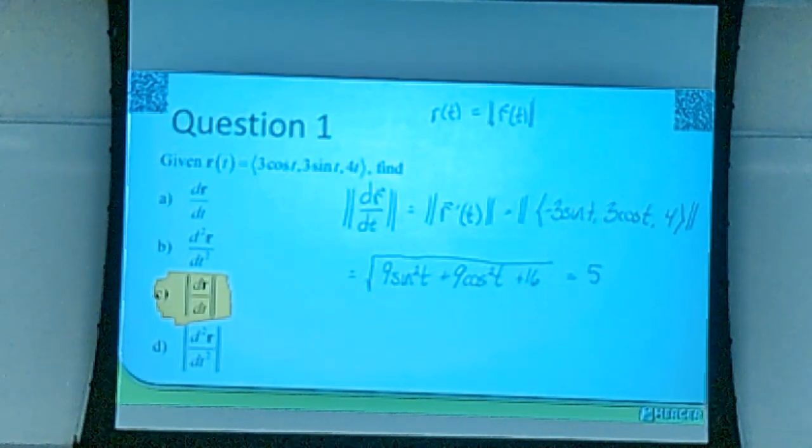That's nice. So when you're dealing with a helix, the length of the tangent vector doesn't depend on where you are on the helix, which means going along that helix, you have constant speed. That doesn't necessarily mean you have constant velocity, though. It just says constant speed. We'll get more into that when we study motion in space, which is after the exam.